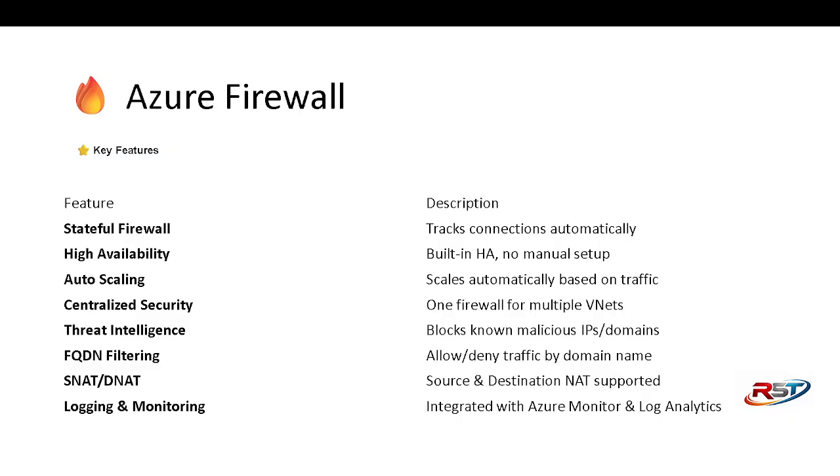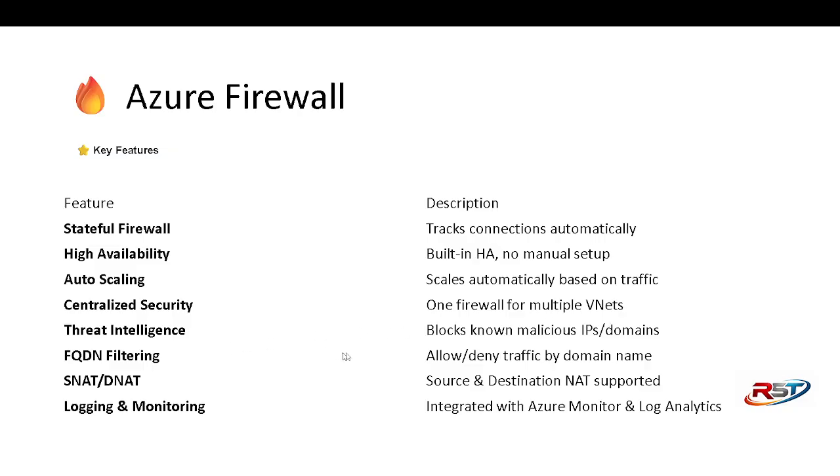So, key features. Stateful firewall: tracks connections automatically. High availability: built-in HA, no manual setup. Auto scaling: scales automatically based on traffic. Centralized security: one firewall for multiple VNets.